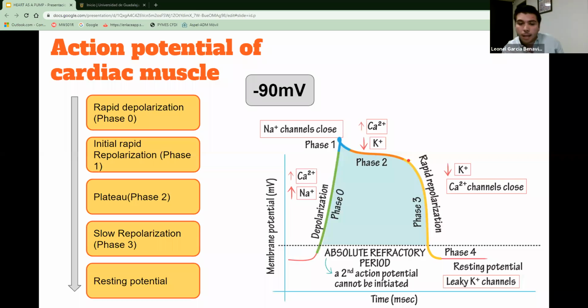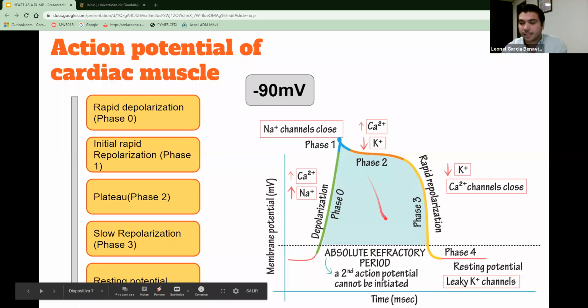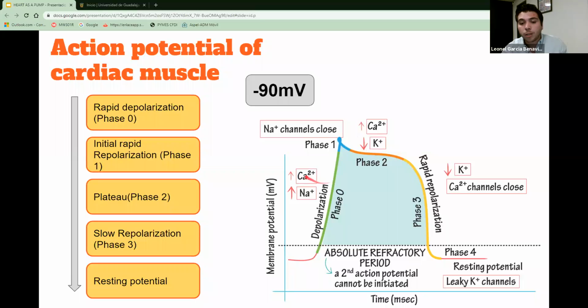Why is that? In the rapid depolarization that you can see right here, some of the slow calcium channels are starting to open. It doesn't do much for the depolarization, but when it gets to phase 1, to the initial rapid repolarization, instead of going back down like in the skeletal muscle, it creates a plateau thanks to all those slow calcium channels that open and let the calcium influx into the cell.